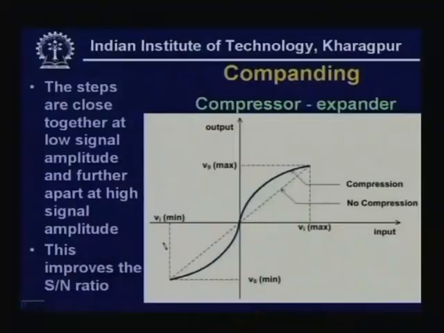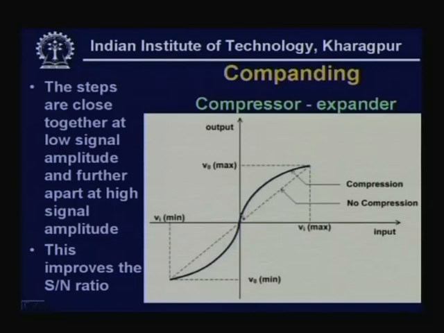For that purpose, we can use a nonlinear circuit to convert the signal in this form. So, as you see in this curve, whenever you are not using compression, it is linear for all values, smaller and higher. The slope of this curve is the same in this particular case.